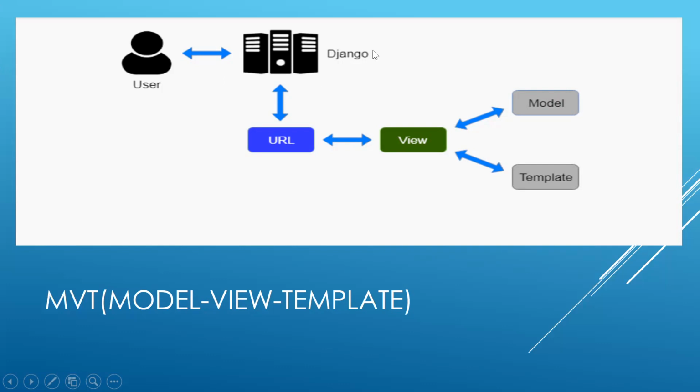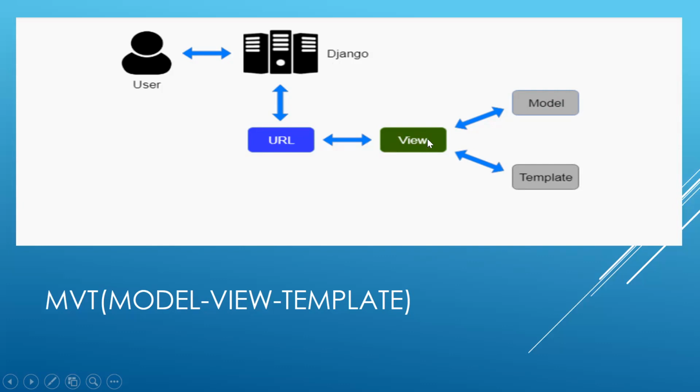The Django app receives the request and determines the corresponding view based on the requested URL.